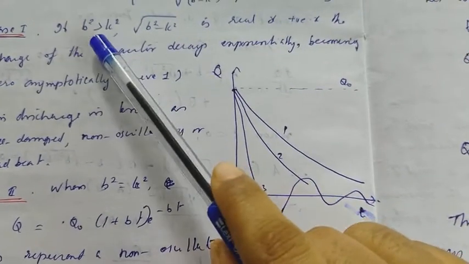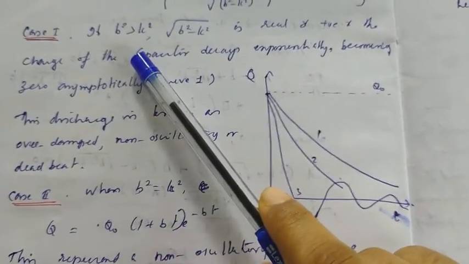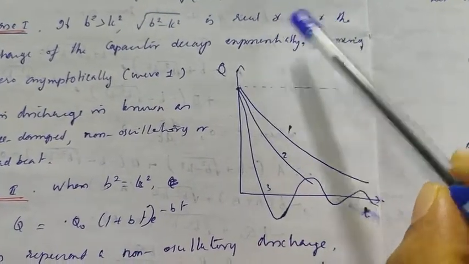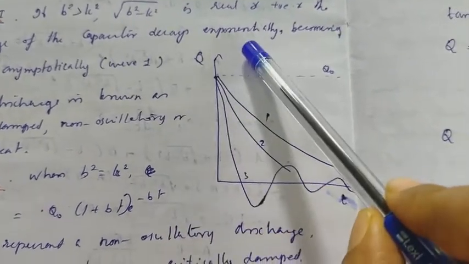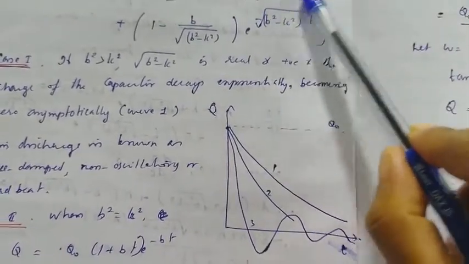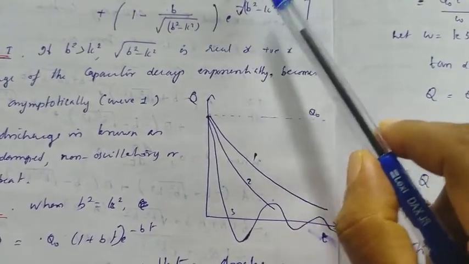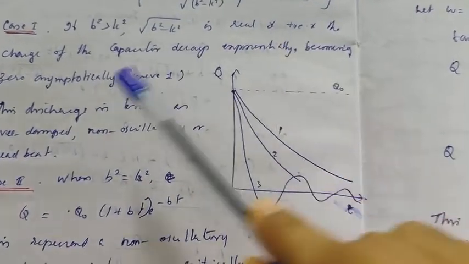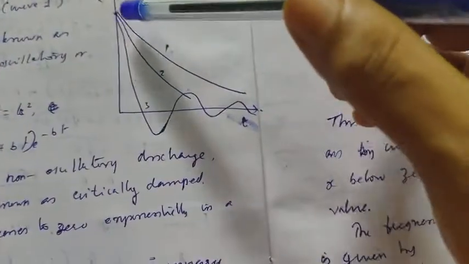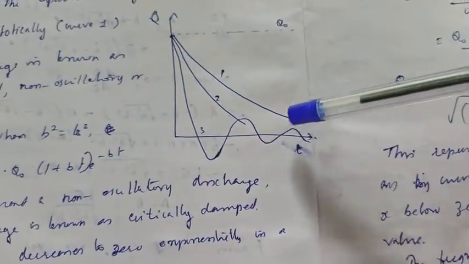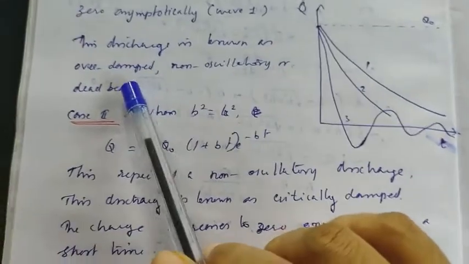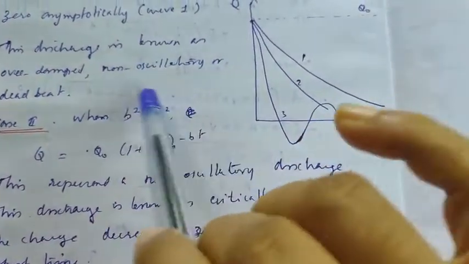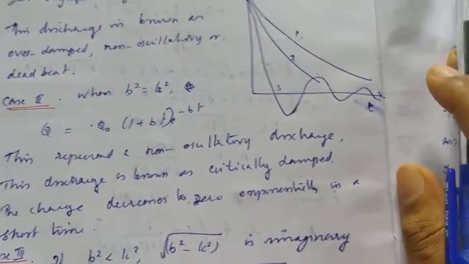First case is b square greater than k square. Then b square minus k square will be a real positive value, so the charge of the capacitor decays exponentially and becomes 0 asymptotically. This is represented by curve 1. This discharge is known as overdamped, non-oscillatory, or deadbeat.